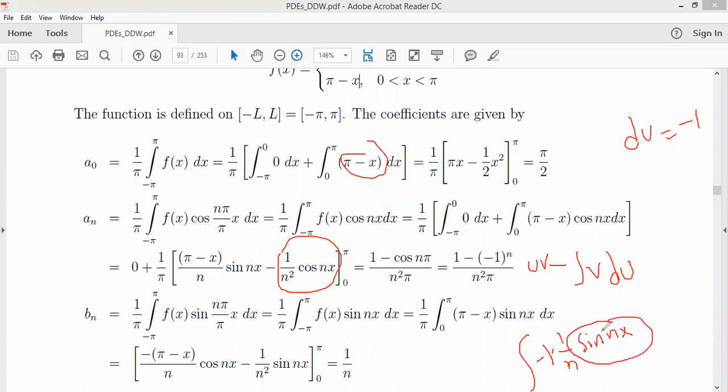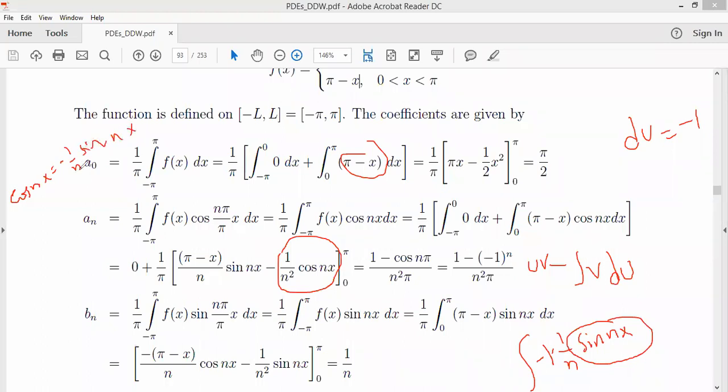So when you integrate sine, remember when you have cos, we are integrating this. If you had a cos nx and you differentiated it, that would have given you a minus 1 over n sine nx.